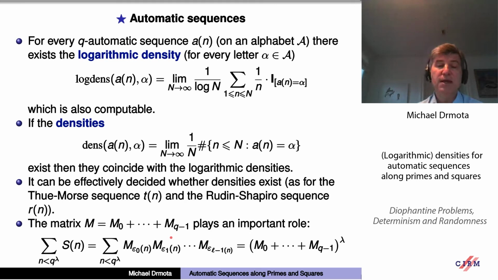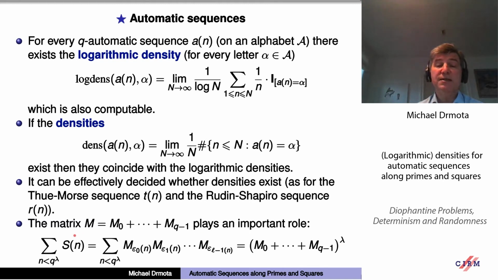For example, if you sum up these representations of matrices, so these products of matrices, up to q to the lambda, this means that you see all these digits in all possible combinations. This is just the sum of these matrices to the lambda.